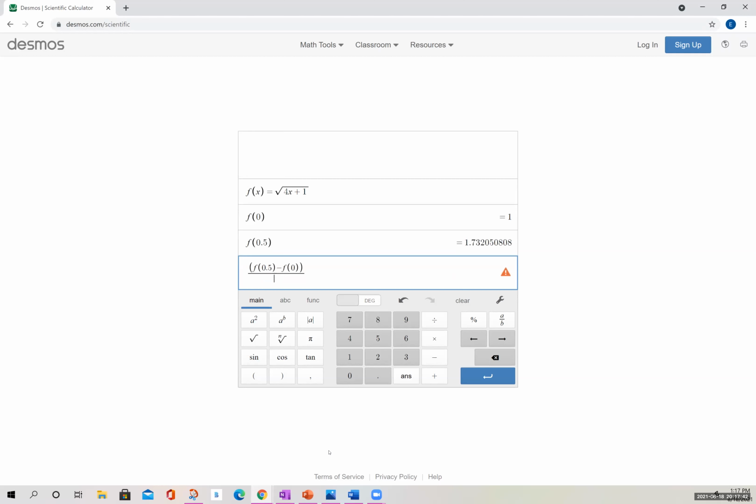Divide by the change in our x value, so 0.5 minus 0. I really don't need to put that. I'm going to copy and paste this so that I don't have to do this all the time. Okay. So I push enter and I get back 1.46.